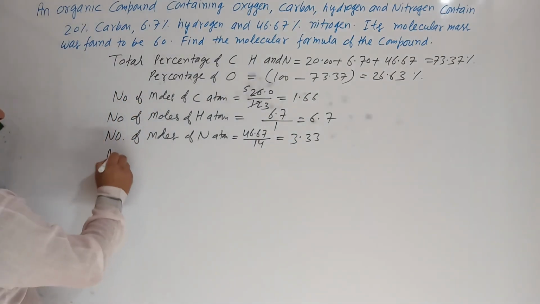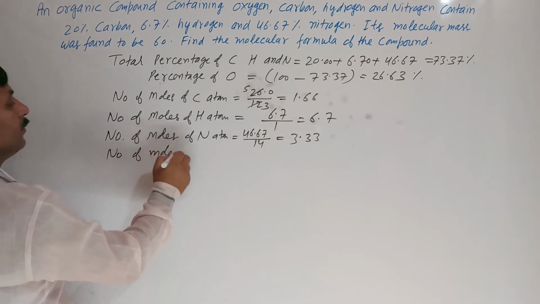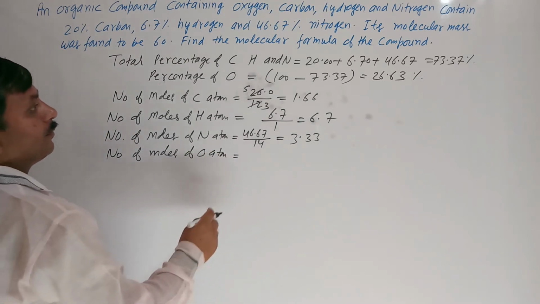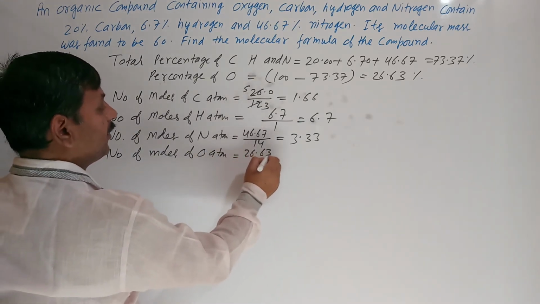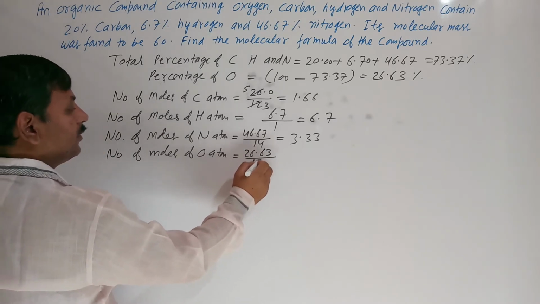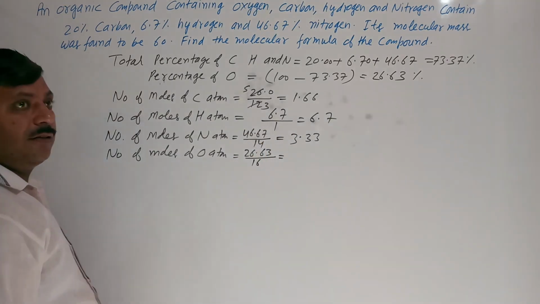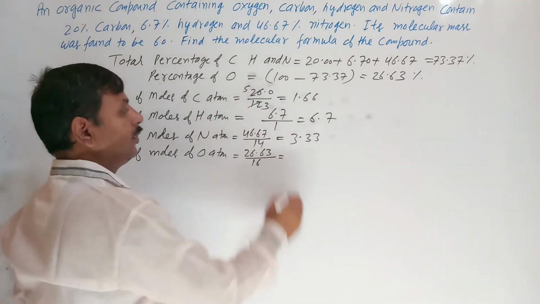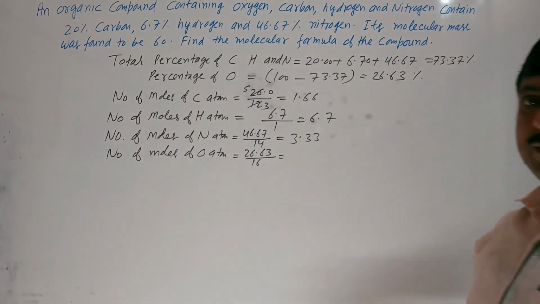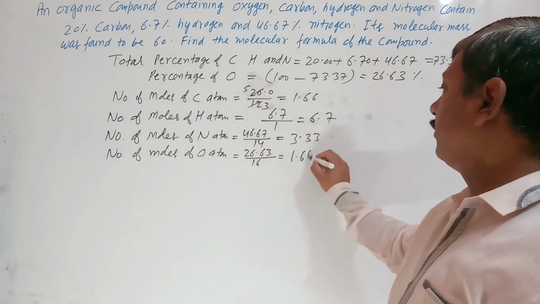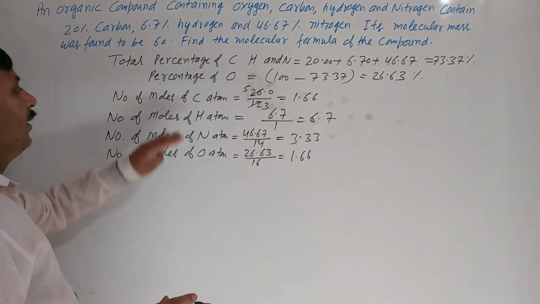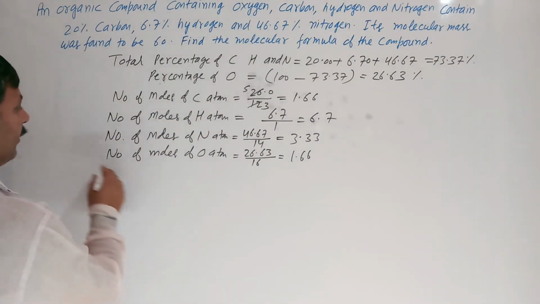In the same way, number of moles of oxygen atoms: 26.63 divided by 16. If we divide 26.63 by 16, it will come around 1.66. So we have found the number of moles of oxygen, carbon, hydrogen and nitrogen.